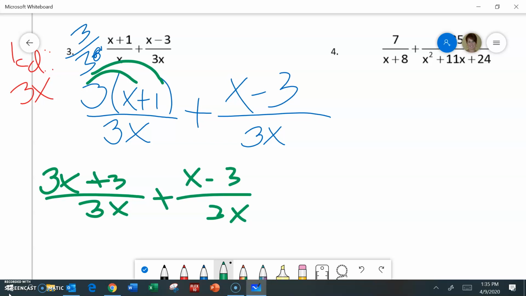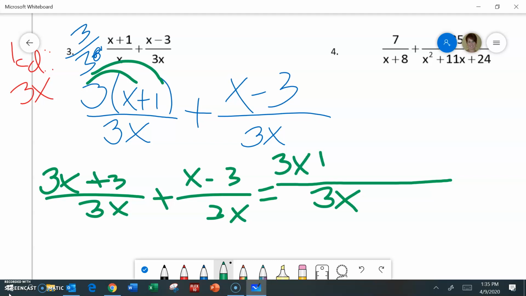Now, in past years, students start to cancel right away. And I'm like, no, you haven't done anything yet. So right now, I am going to write 3x because I have to have a common denominator. So what I'm going to do is add the numerator of the first fraction and the numerator of the second fraction, okay?